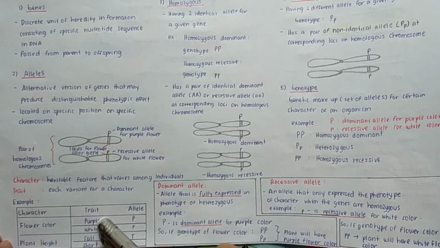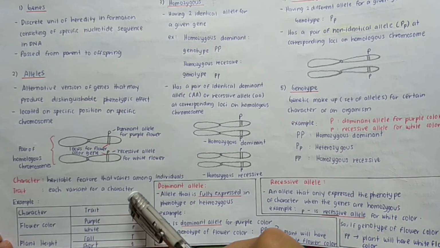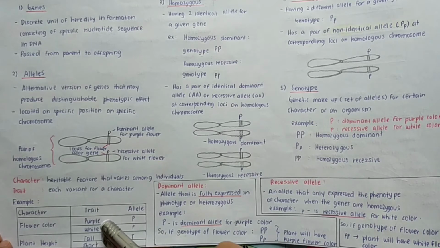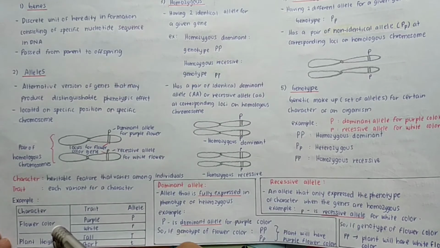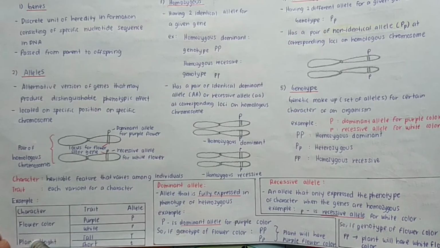So since purple color is the dominant phenotype, the allele which is dominant is represented by capital P, P besar. Tapi kalau untuk white color, since white color tu adalah recessive phenotype, the allele that represents the recessive allele is small p. And then for the example, for the second character, plant height. If you look at the traits, it has two traits.